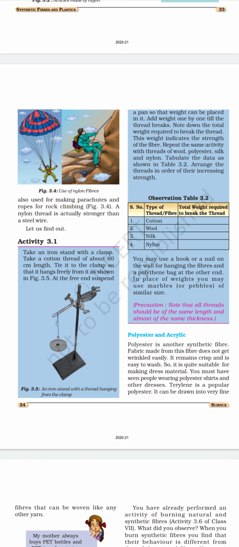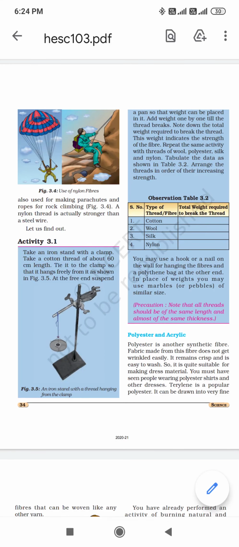You have to take an iron stand with a clamp and take a cotton thread of about 60 centimeter length. Now tie it to the clamp so that it hangs freely from it as shown in figure 3.5. You can see in figure 3.5 how it is hanged.